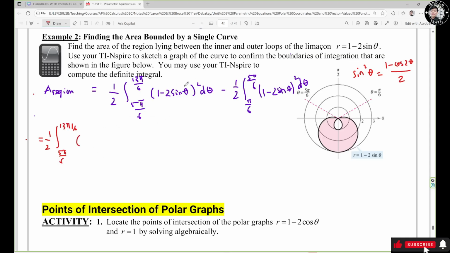Expand this one using the perfect square formula, so it could be 1 minus 4 sine theta plus 4 sine squared theta. For sine squared theta, I'm going to use this formula, so it's going to be 1 and 2 right here. I'm going to combine, so it turns out to be 3 right here.